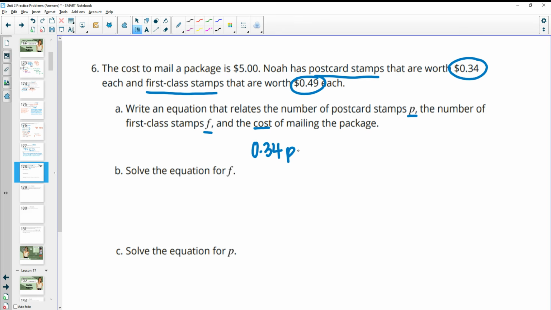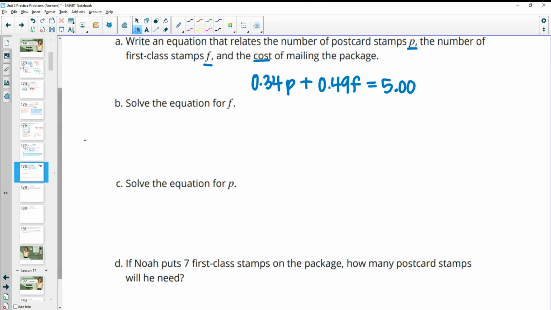So we do 34 cents times the number of postcard stamps. And then we would add 49 cents times the number of first class stamps. And that should total really at least $5, right? So we have to put at least $5. So really we could say this is greater than or equal to $5, but it has to be at least equal to $5. So then this one wants us to solve the equation for f.